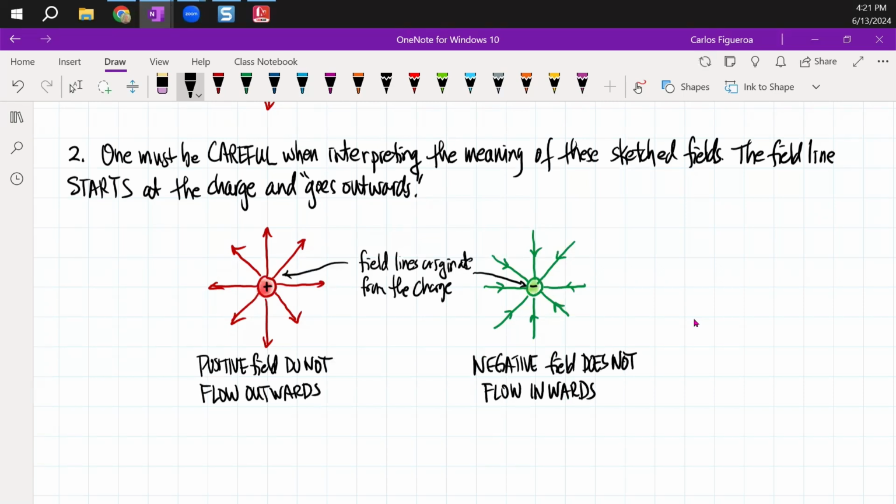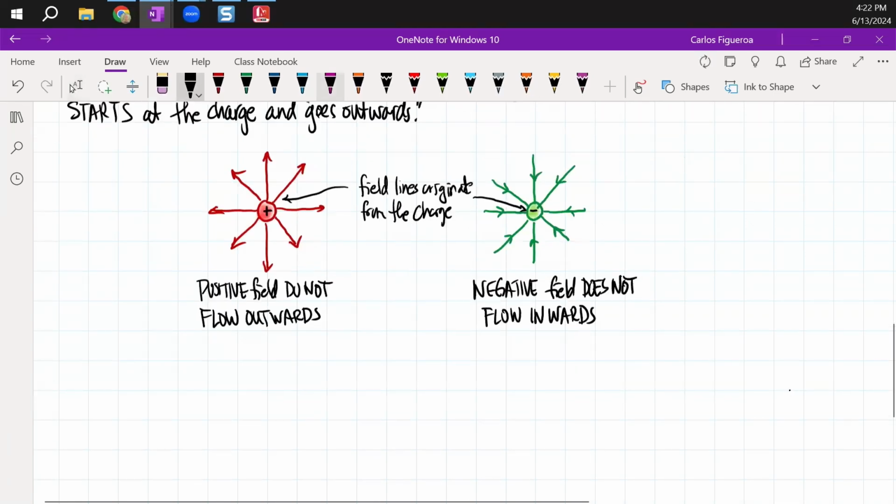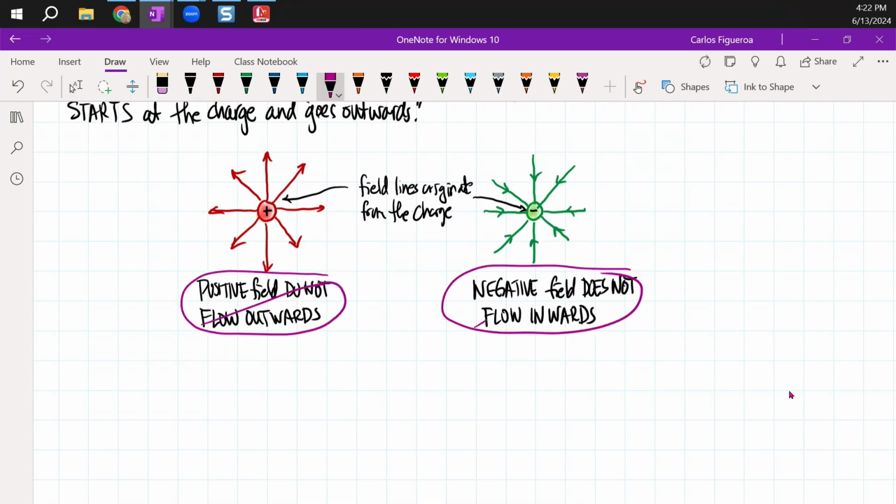Those are misconceptions. Just because you may want to put a picture like that in words, it's incorrect. So these statements are incorrect statements. It's a common misconception.